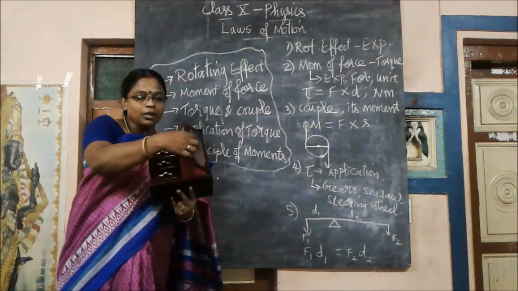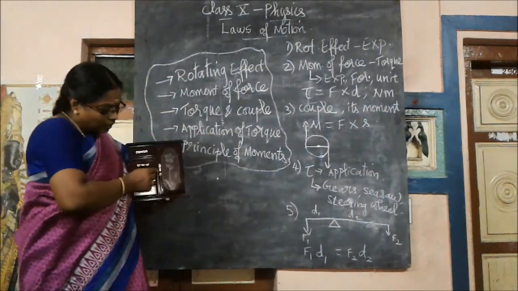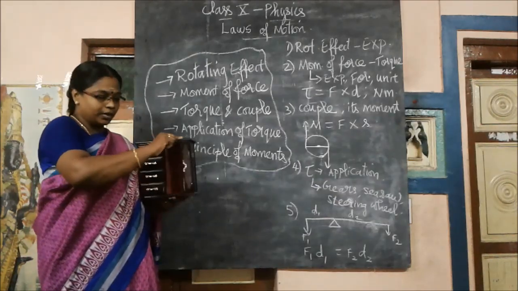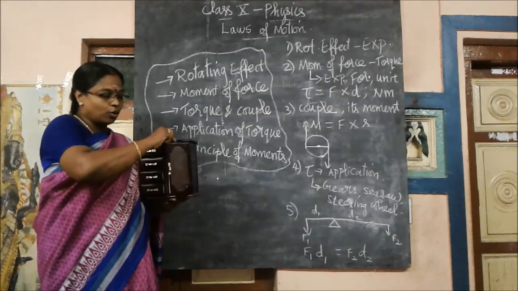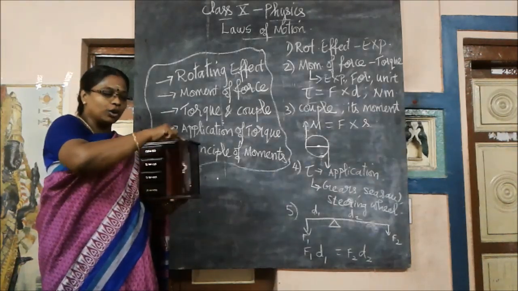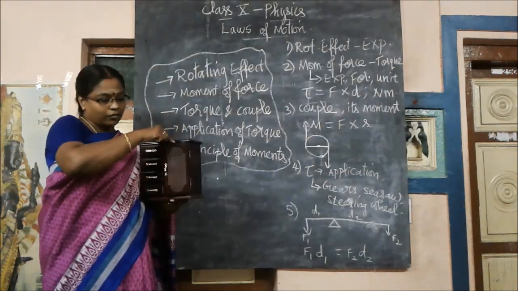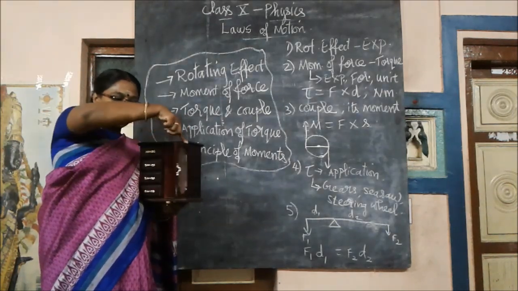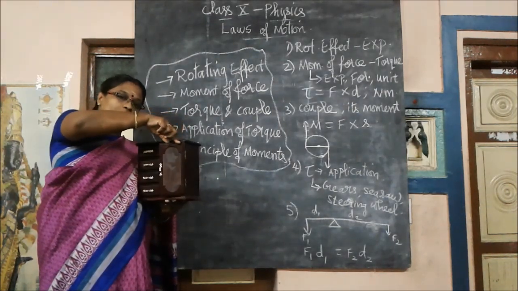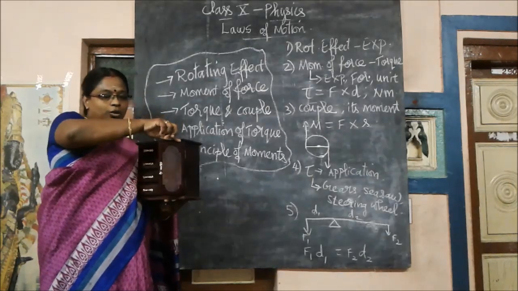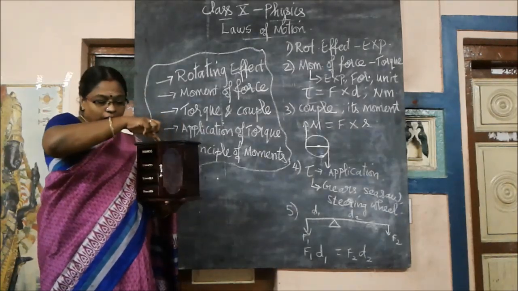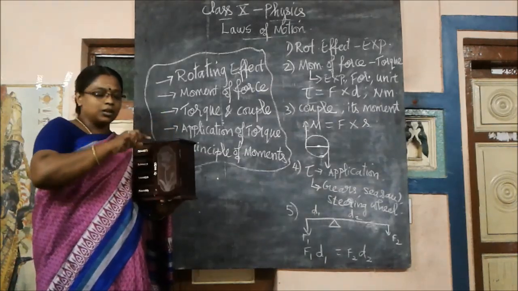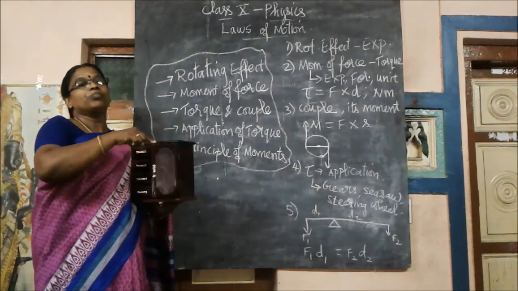Now see here, when I apply the force over here, I can move the door very easily. As I move closer, it will be a little tougher for me to get that rotating effect. When I apply the force even closer, it will be more difficult for me to rotate the door. So as the perpendicular distance from the axis of rotation increases, the rotating effect will be more.